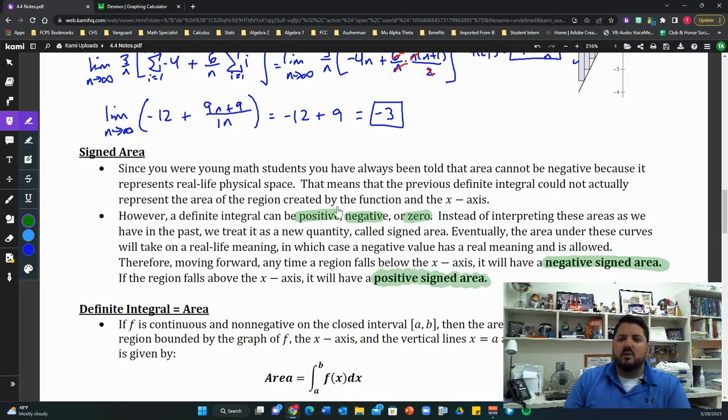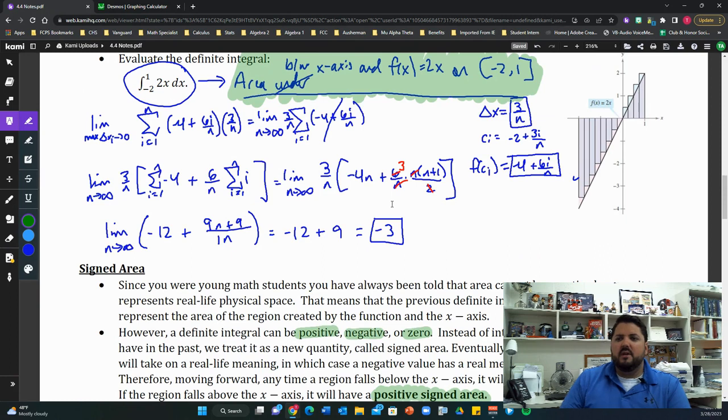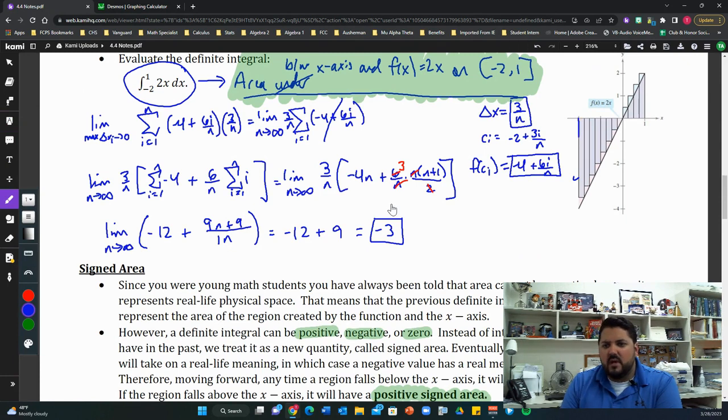So if we go back and we look at this problem, that's why this graph was given to you. So another way to evaluate this area, and you guys are going to get mad that you had to sit through this whole long Riemann sum, is if a function and the x-axis creates a known geometric shape, then we can use just simple basic geometry to evaluate the area.